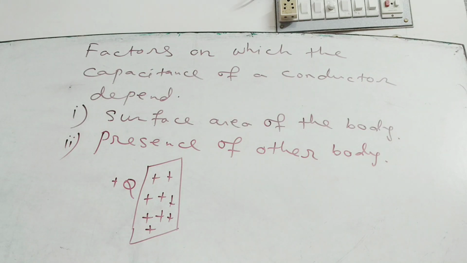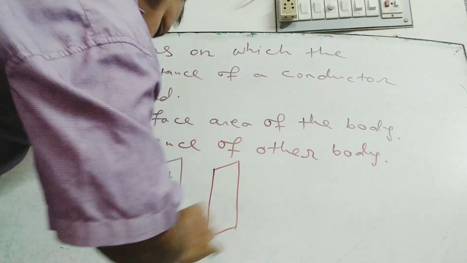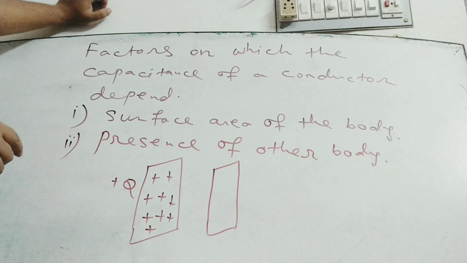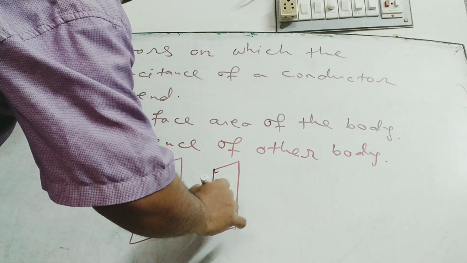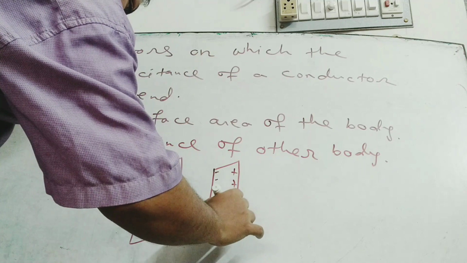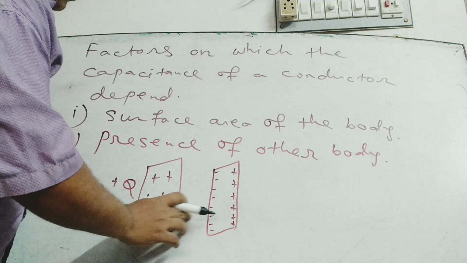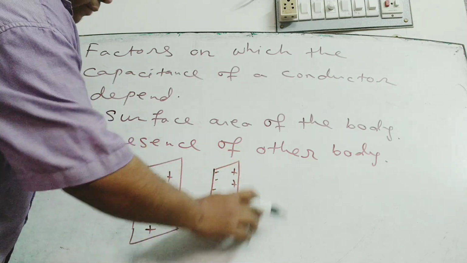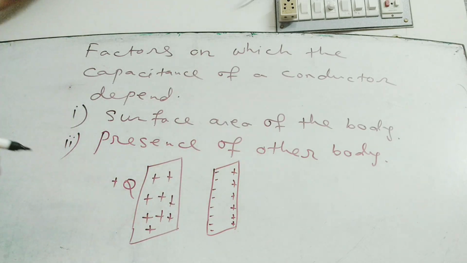To increase the capacitance of the body, we introduce another body near the charged body. Due to electric induction, the insulated body is charged oppositely at the near side and with the same charge on the far side.